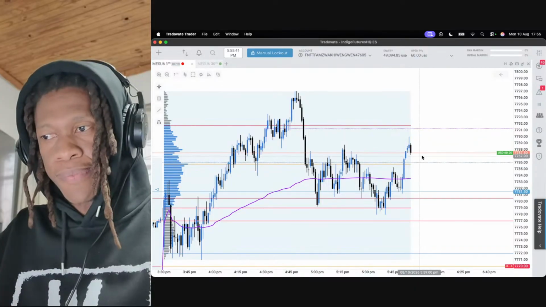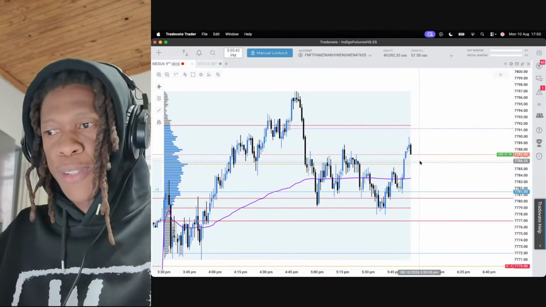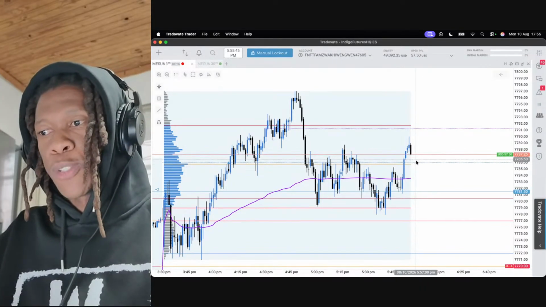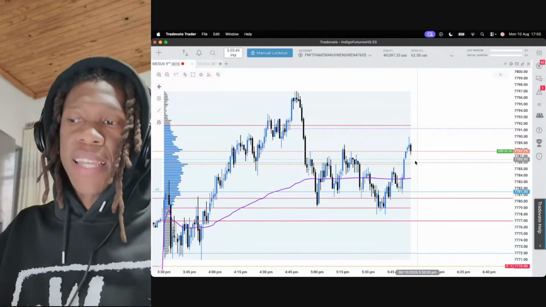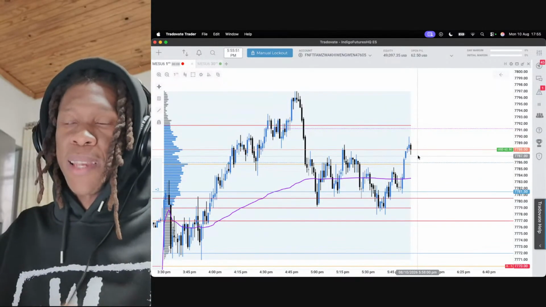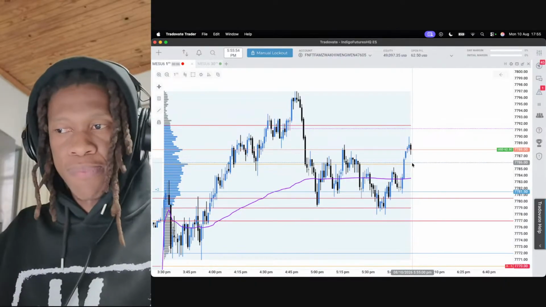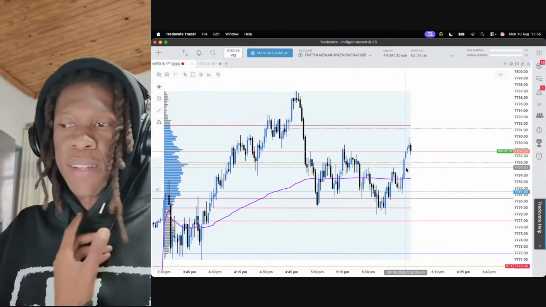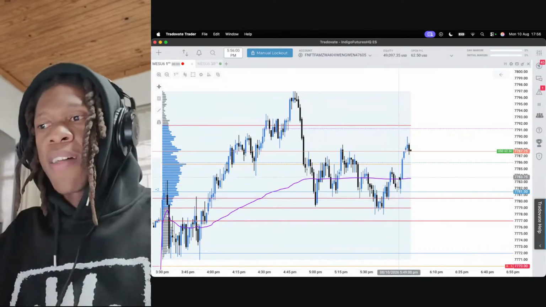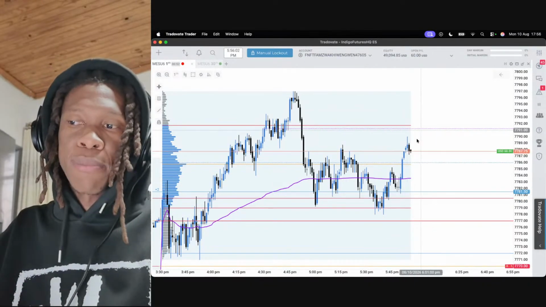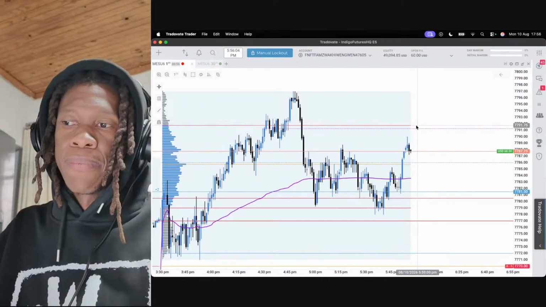But what we're going to watch now is overnight value, right? We do need to stay above overnight value. Maintaining price above overnight value does give us the confirmation that finally we've broken out of that value area and that we could maybe be in another leg of price discovery, right?